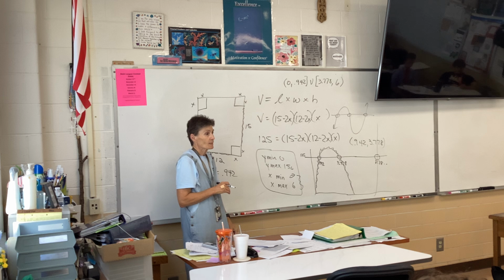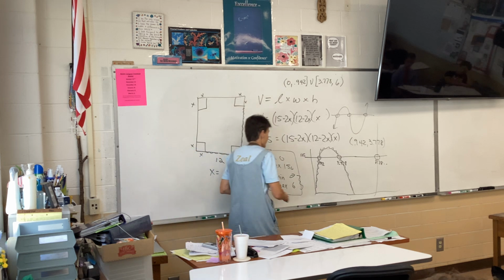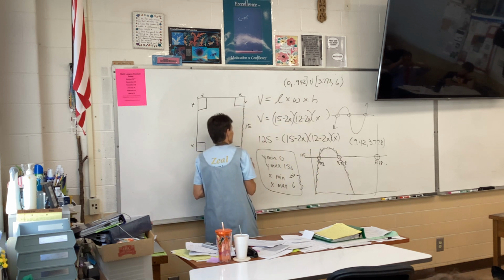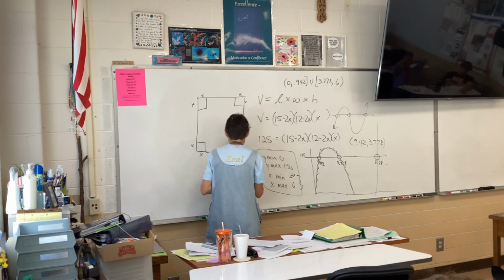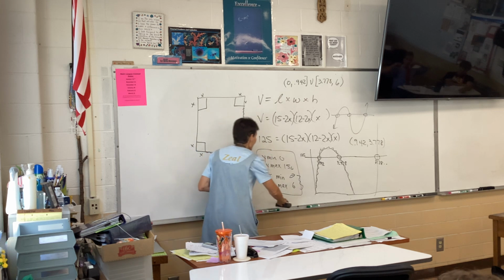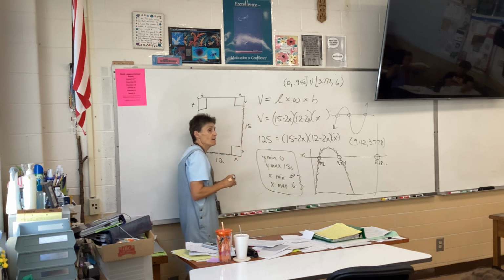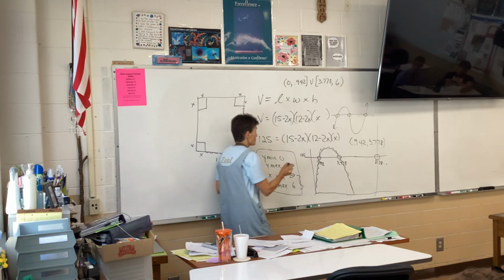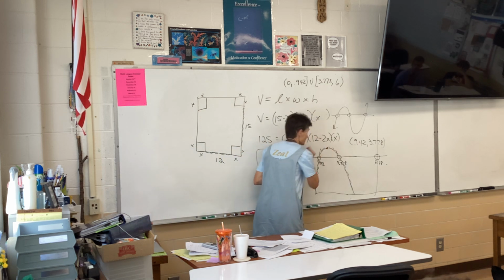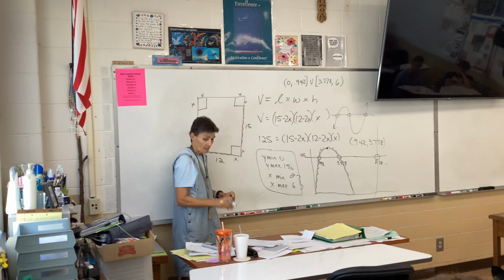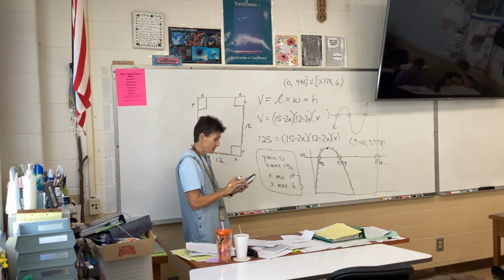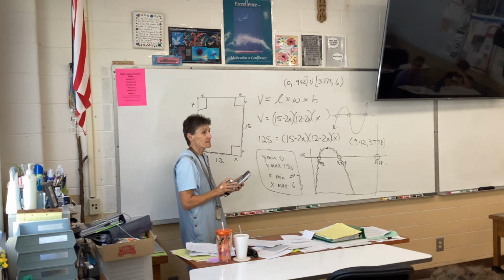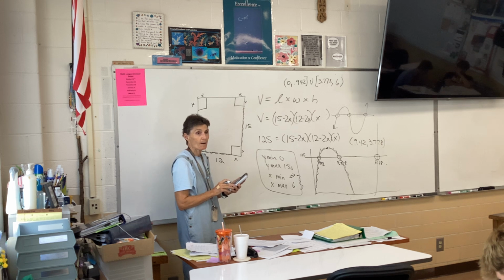Okay? Now, while we've got this here, let's find the x that maximizes the volume of our box. So, would you all agree that this is my maximum up here? And when I graphed it, I didn't see that. So what will I have to do if I want to see the top of that box?